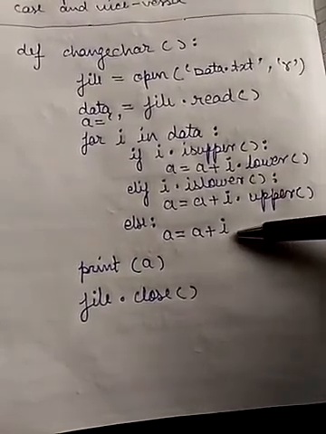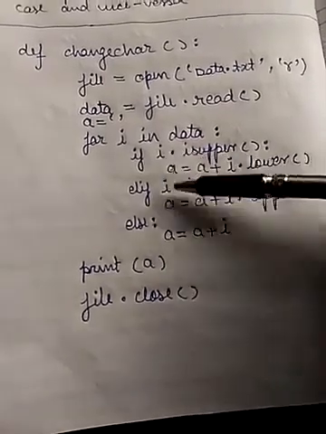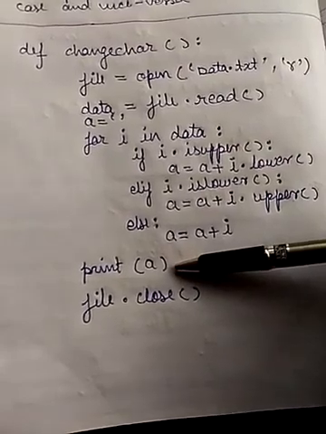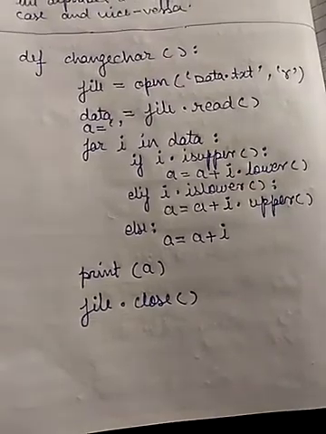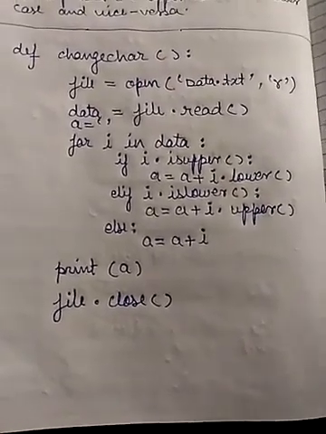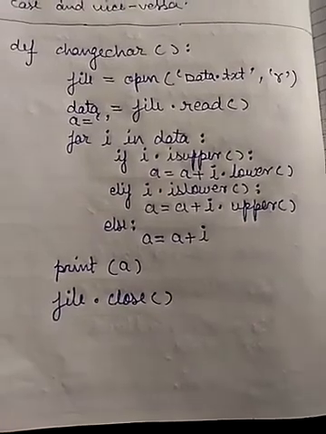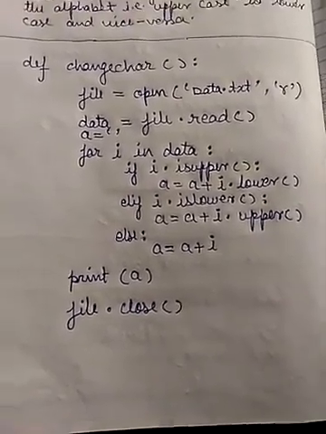And rest of the character will be concatenated in the same format as they are. After that we have printed the data, means printed the changed string, formatted string, and after that we have closed the file. So in this way you can change the content of the file and you can display on the screen.